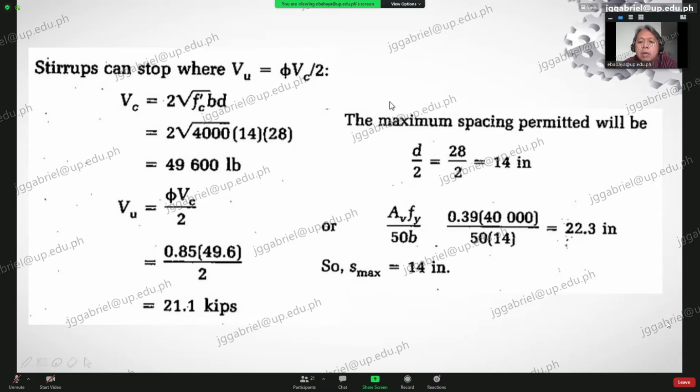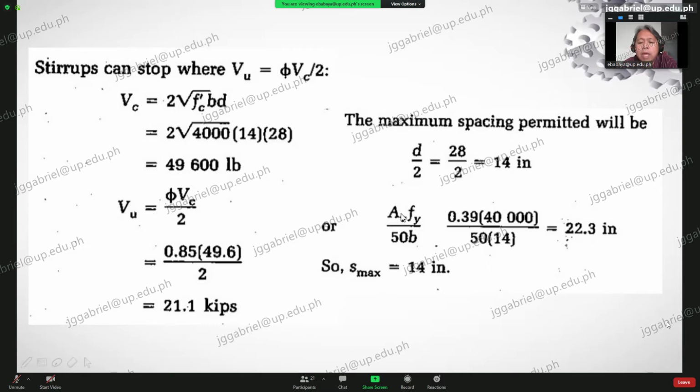And then we compute for the maximum spacing. Maximum spacing is either D over 2, the smallest of the two, or AV FY over 50B. Okay, so D over 2, that's 28 over 2, that's equal to 14 inches. And then AV FY over 50 times B, FY is 40,000.